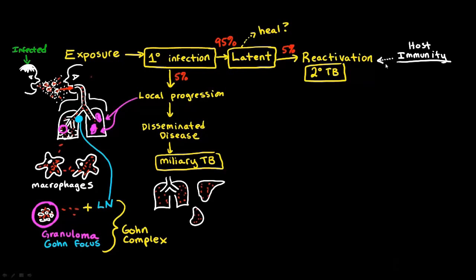Some of the immune factors most recognized as causing an increased chance of reactivation are co-infection with human immunodeficiency virus, HIV, which is a big one worldwide. Another is if the individual has received a transplant or is receiving chemotherapy for some other reason, for example, cancer.